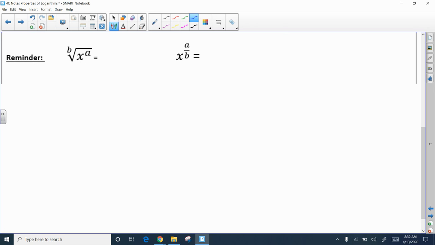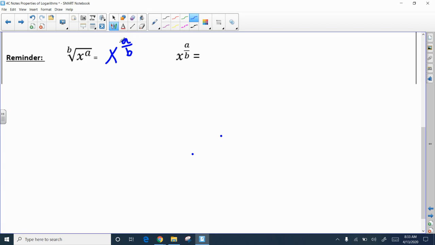So this is just a little reminder. If we have the b root of x to the a power, anytime we have a radical, so the b is like whether it's a square root, a cube root, a fourth root, etc., I can rewrite this as an exponent, and it'll be a fraction. This is going to equal x to the a over b power.